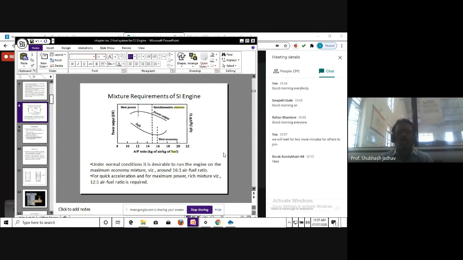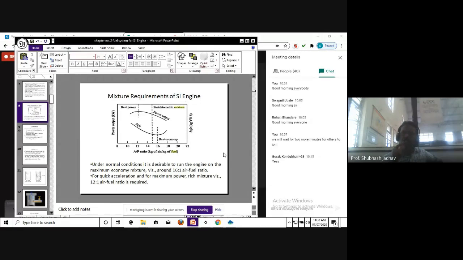Now, for completing each cycle we require some amount of time, correct? And as the engine speed increases, what is the meaning of that? Say the engine speed has increased from 1000 RPM to 2000 RPM. What is RPM? Rotations per minute, or revolutions per minute. The time remains the same, one minute, but in 1 minute your engine's crankshaft is going to revolve 2000 times instead of 1000 times.